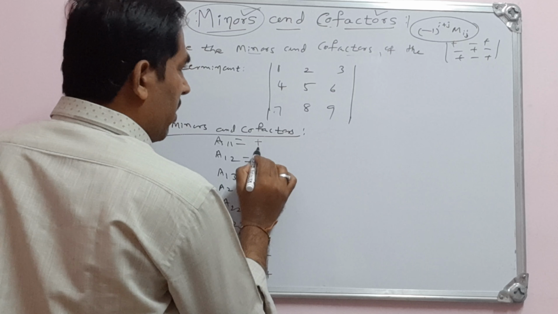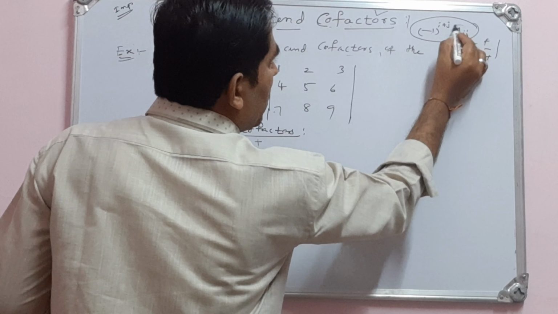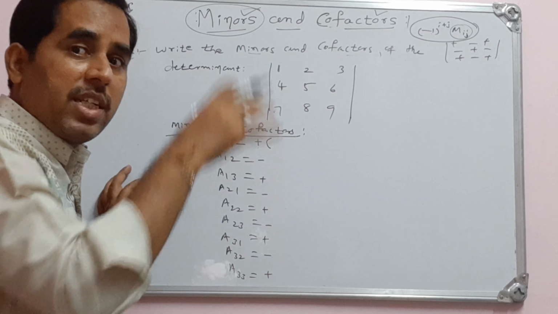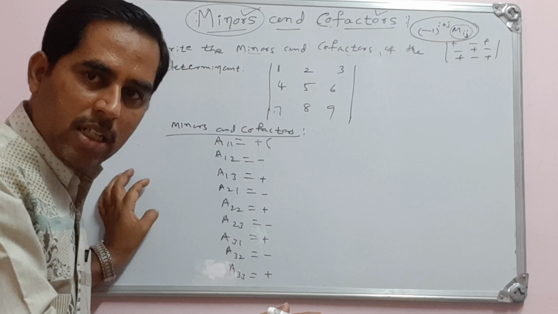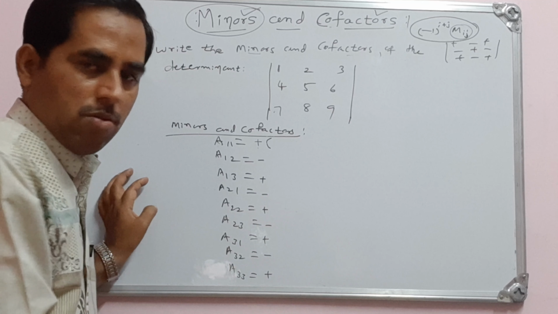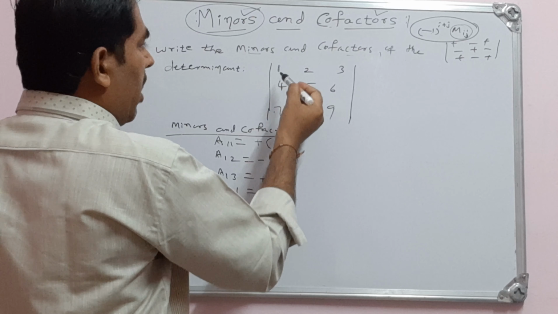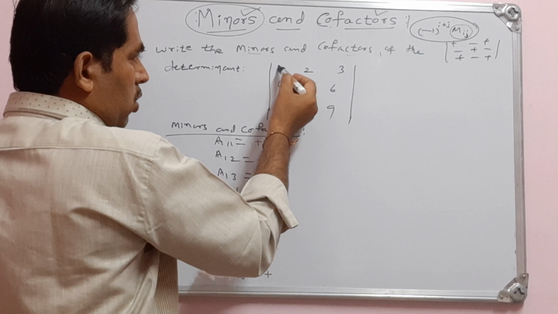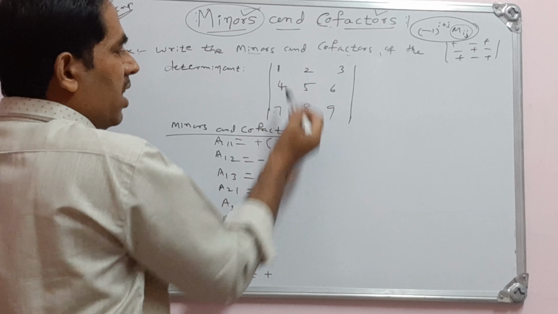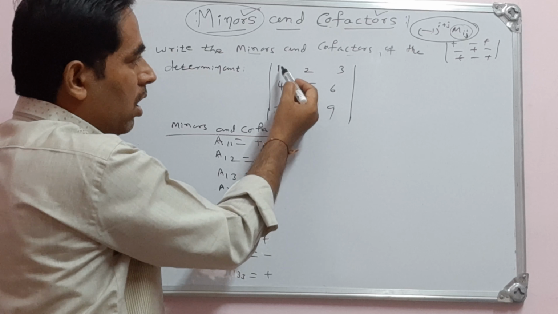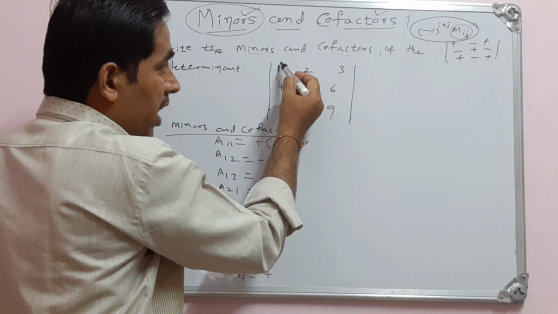Then to every sign, attach the minor. Attach the minor means a 2 cross 2 determinant, which means its value, so we have to write the value. That's why I am putting the bracket here. I will show the first element. The minor is the determinant obtained by deleting the column and the row in which the element lies.